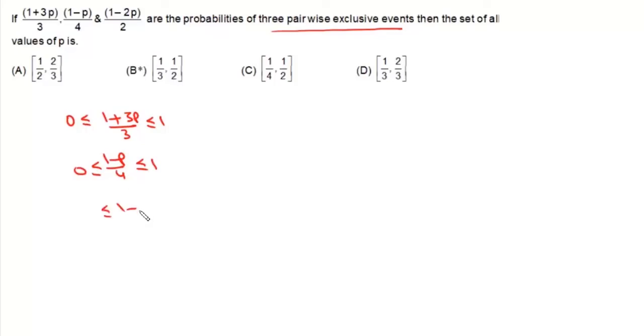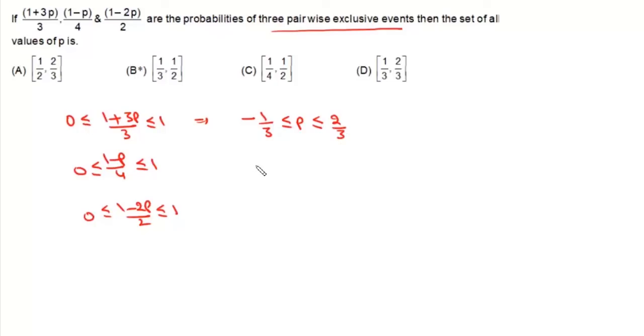And (1 minus 2P) by 2 should also lie between 0 and 1. Now from the first one, we will get P is greater than minus 1 by 3 and it is less than or equal to 2 by 3.